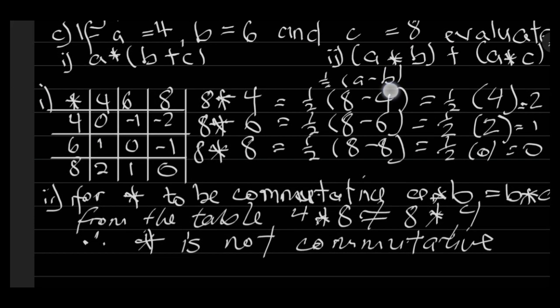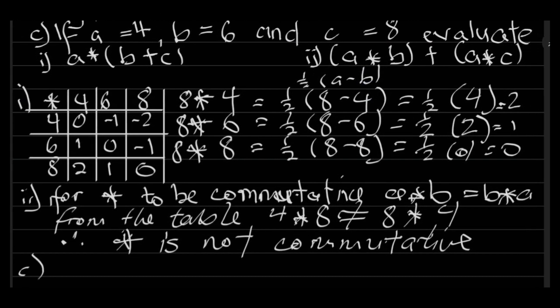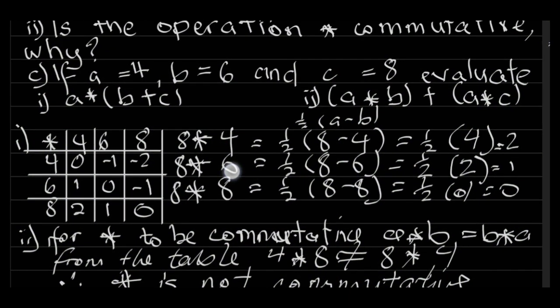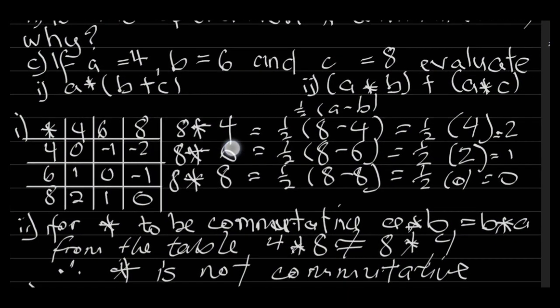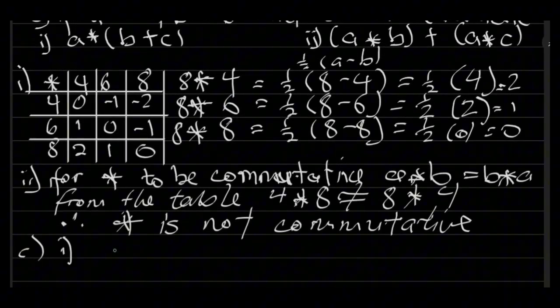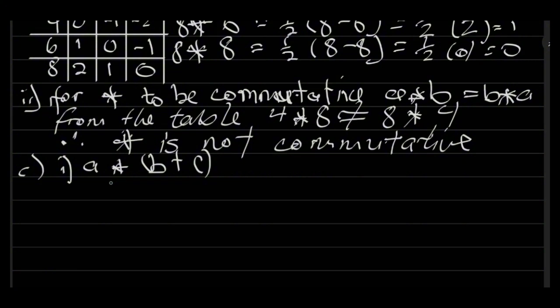Now we are supposed to find I. We are told A is 4, B is 6, and C is 8. So we are supposed to find A star (B plus C). A is 4, so that will be 4 star (6 plus 8). 6 plus 8 would be 14.